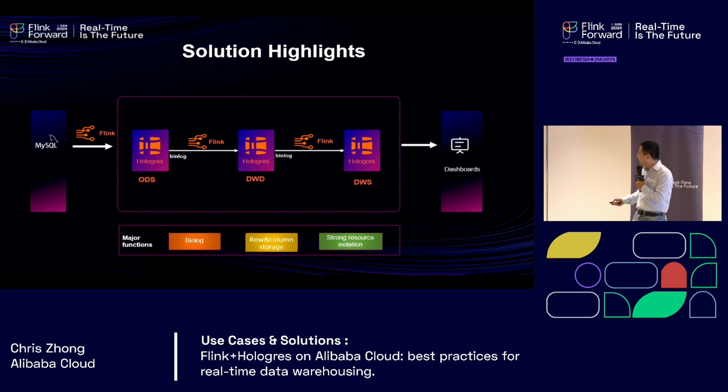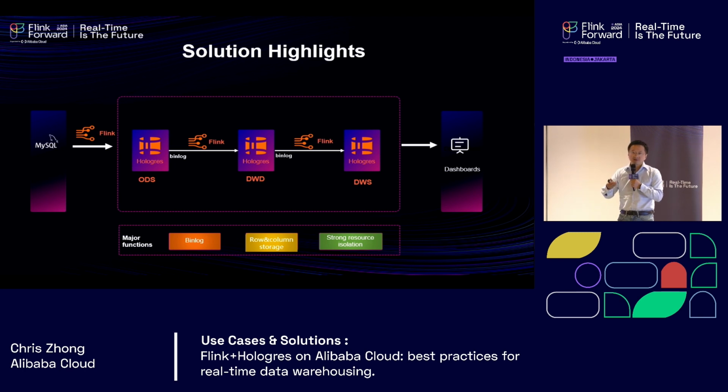The third point is resource isolation. Why is isolation very important? Because for a Hologres instance, we support different analytics scenarios. We have KV, which usually serves online transactions.